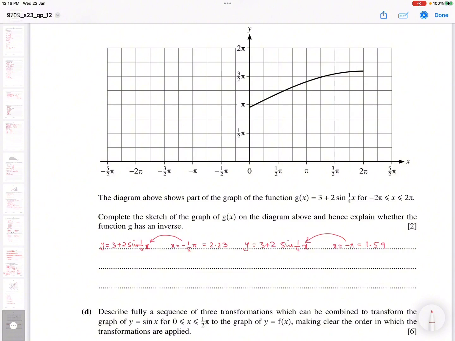Then minus 3 by 2 pi, I will get the value, now I am writing it directly, 1.15. And when I put x is equal to minus 2 pi, I will get the value 1.